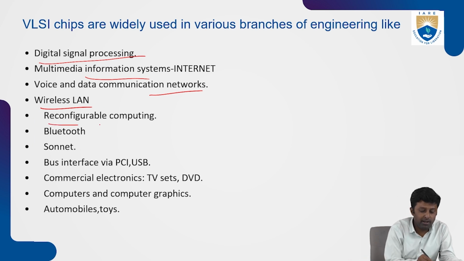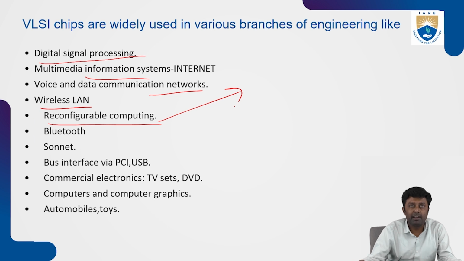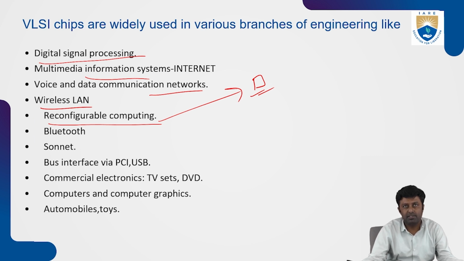Then reconfigurable computing, which is the latest technology wherein, once the design is done, we can reconfigure it to update its features. There also VLSI chips are widely used. Then in Bluetooth, VLSI chips are used.